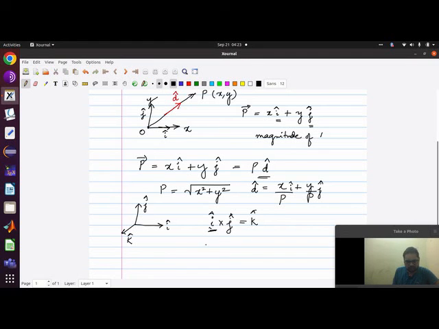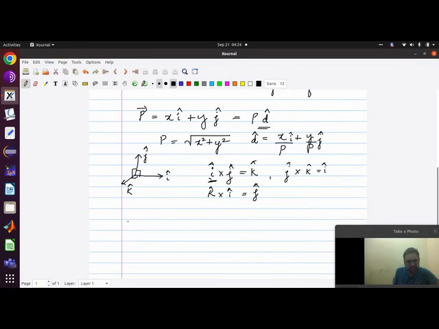So i cross j is k, and then k cross i is j, and then you have j cross k is i. These three are mutually perpendicular unit vectors. Okay.